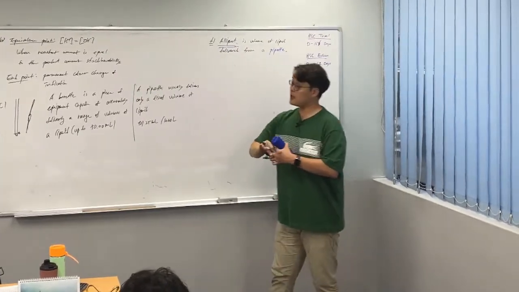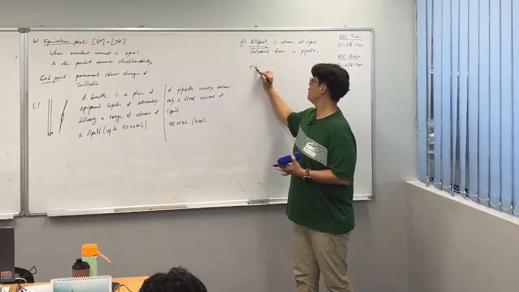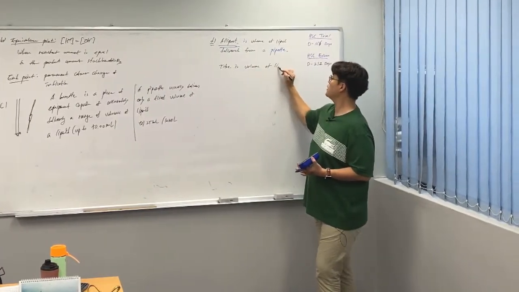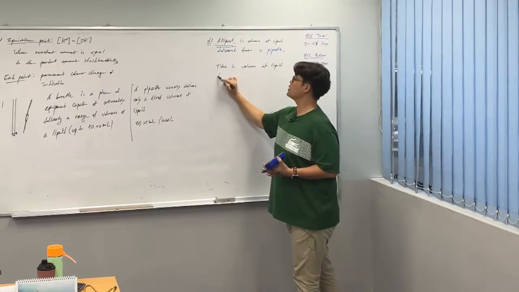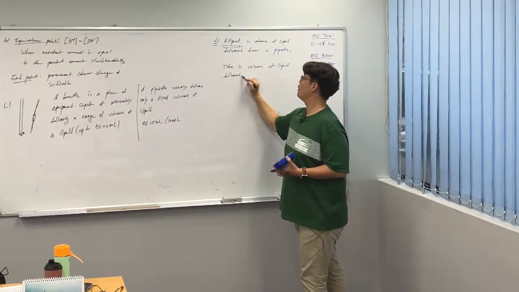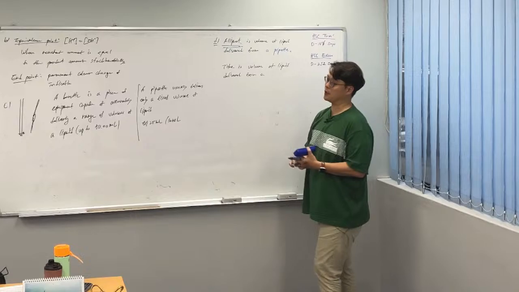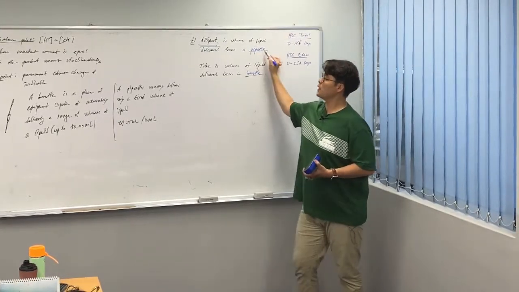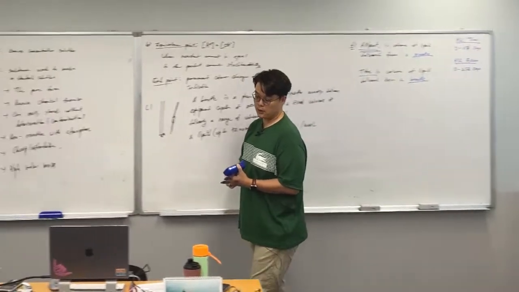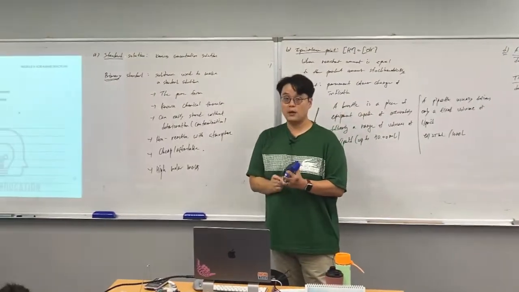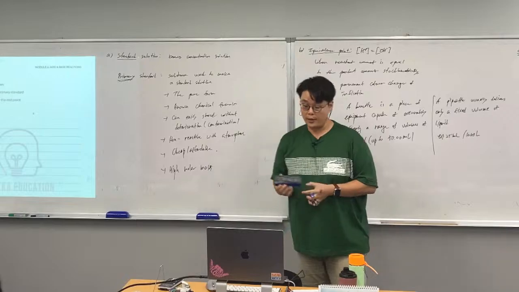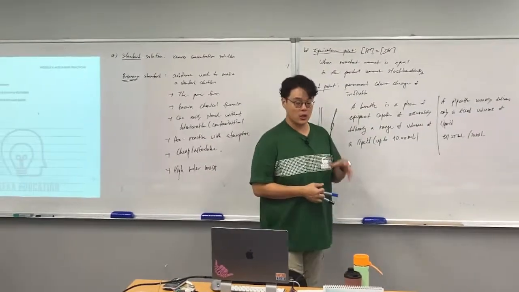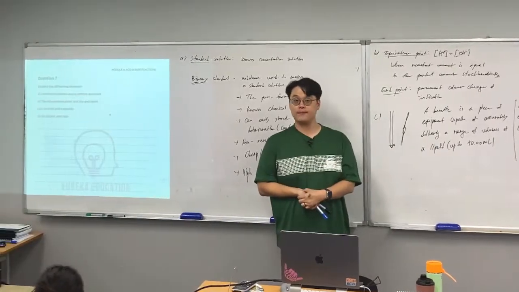Titre is the volume of liquid delivered from a burette. That's the main difference between titre and aliquot. In your titration process, it's the aliquots that we transfer from each fixed volume of the pipettes.